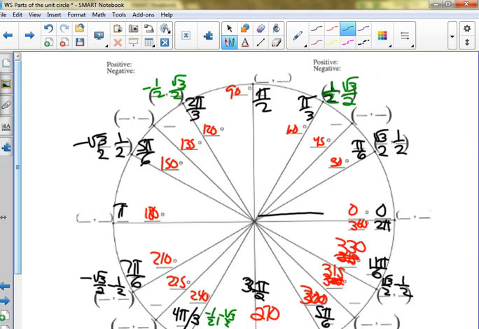Is that the right blank or not? Right. All these. Square root of 2 over 2, square root of 2 over 2. I forgot all the.